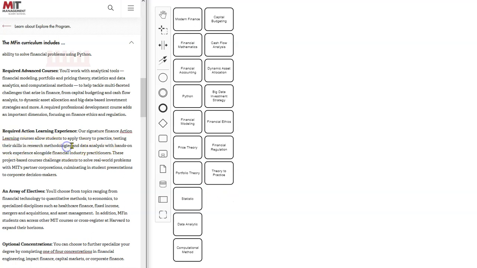Testing skills, research methodology, data analysis. That's a good one. Research methodology. Ology. I'm not going to put hands-on work experience. Data analysis. We already have a data analysis topic. Data analytics.